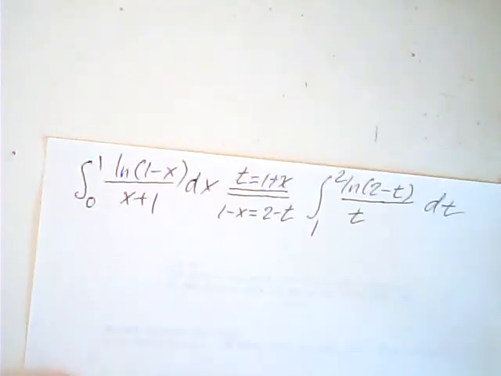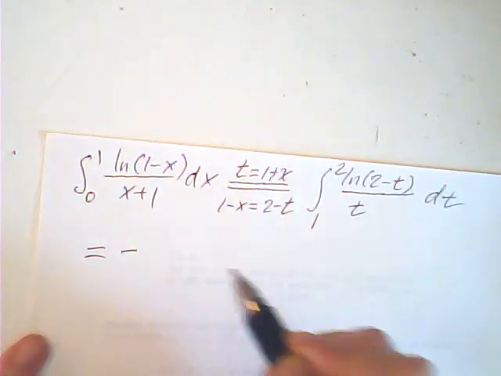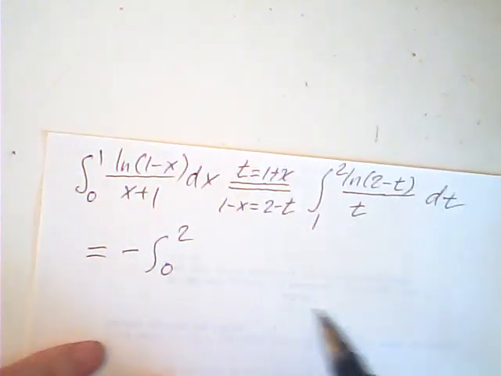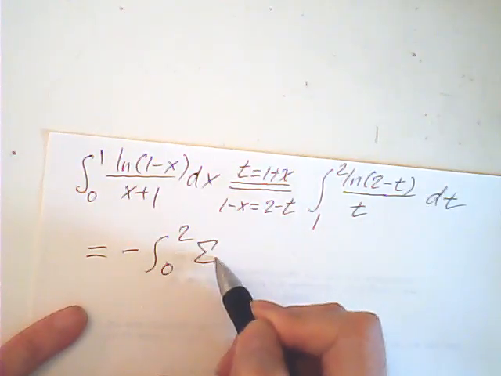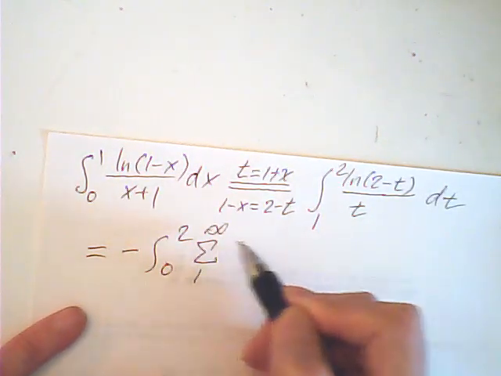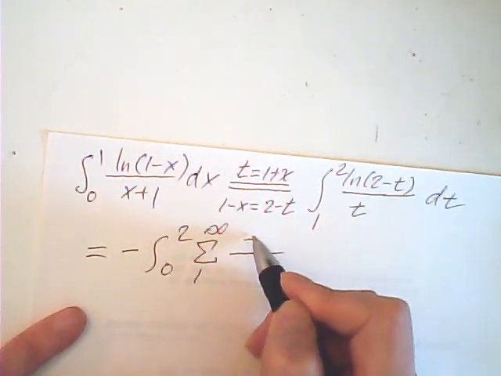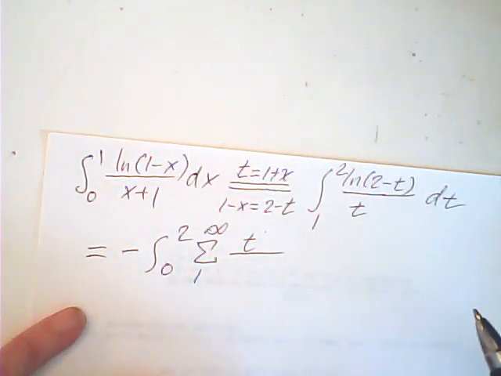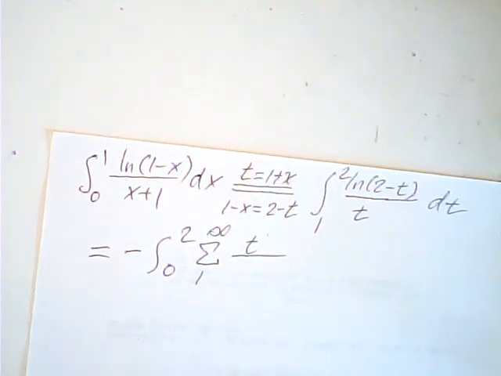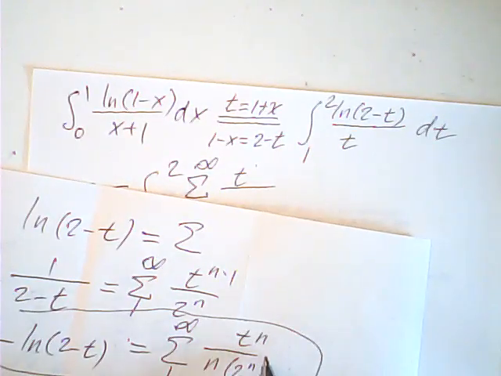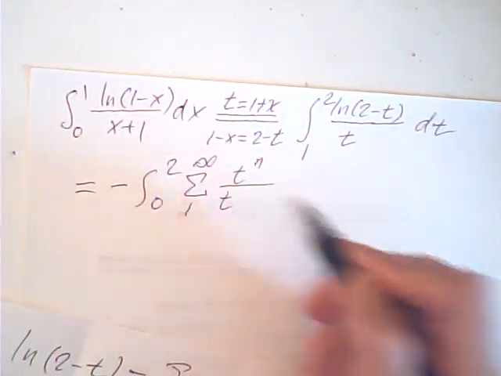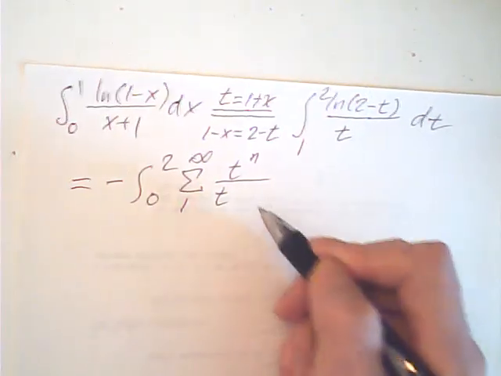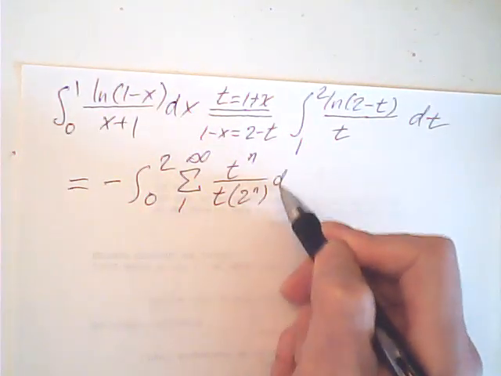So I can do this one as a negative sigma 1 to infinity, t^n, and over here another t, over 2^n, and dt.